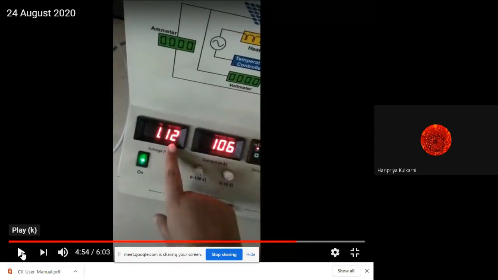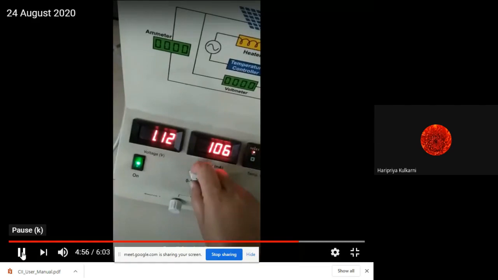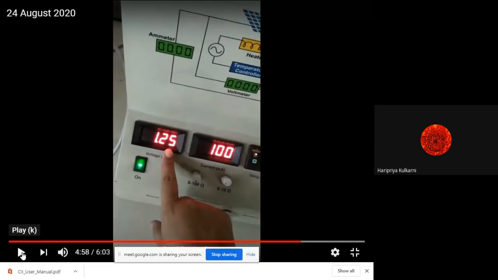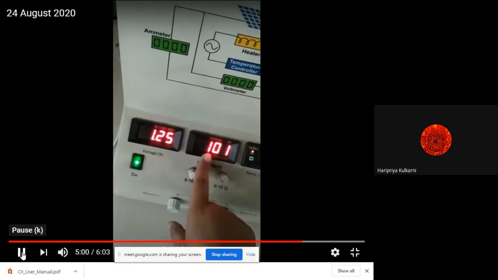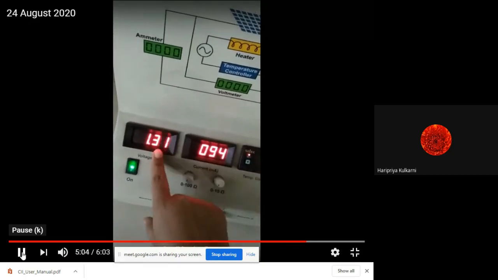It is 1.12 volt, 106 milliampere. Okay, again variation. 1.25 volt, 100 milliampere. 1.31 volt, 94 milliampere.